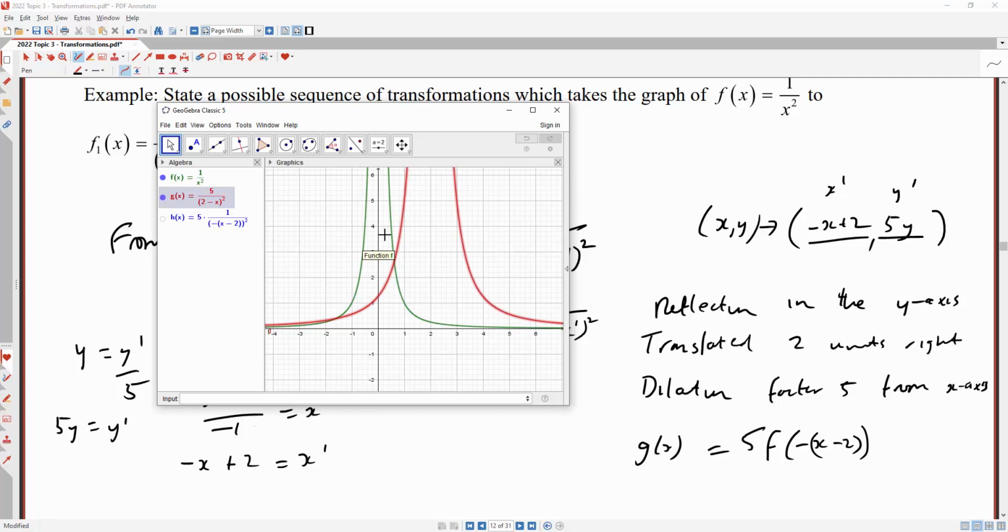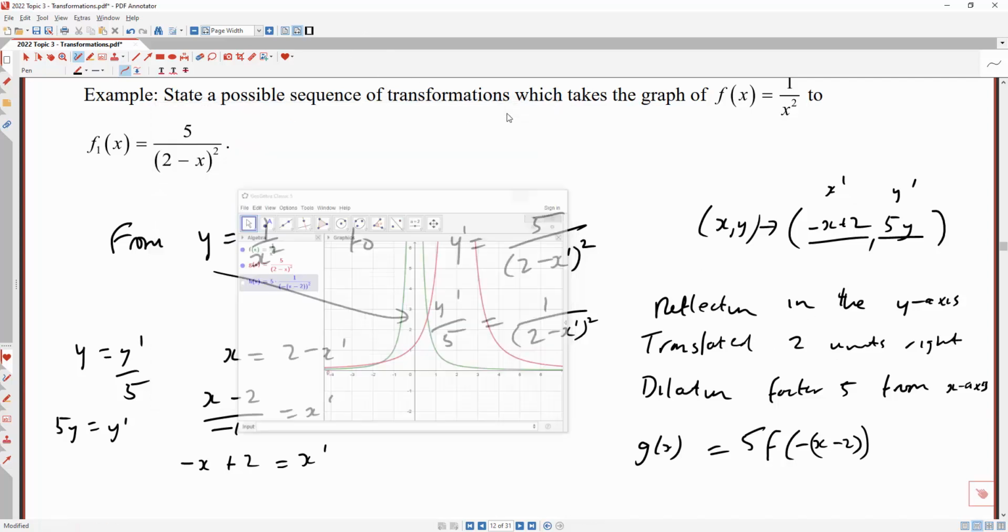So when I transform this green one using these transformations, it produces the blue graph here, which is exactly what I want. So I know that these 3 transformations work perfectly. They are correct. The back of the book might have a different set of 3. That's fine. You've got to check whether yours have worked.